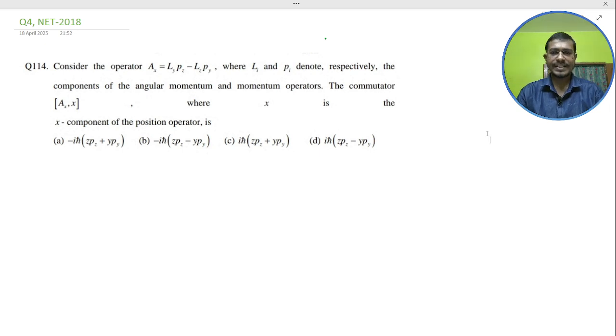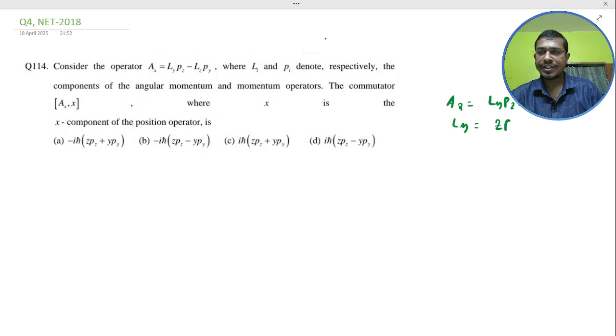So X is given as Ly Pz minus Lz Py. We know the y component of orbital angular momentum, r cross p, is z px minus x pz, and Lz should be x py minus y px.